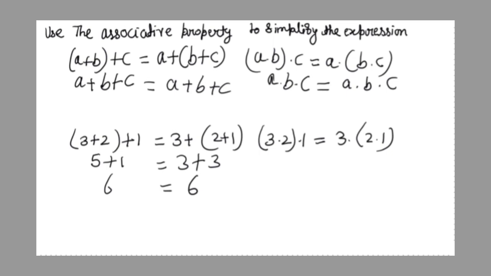So on both sides a dot b dot c, meaning a multiplied by b multiplied by c, is equal to a multiplied by b multiplied by c. In other words, no matter how we group things together, we're still going to end up with the same result.